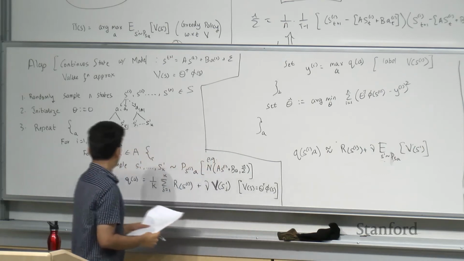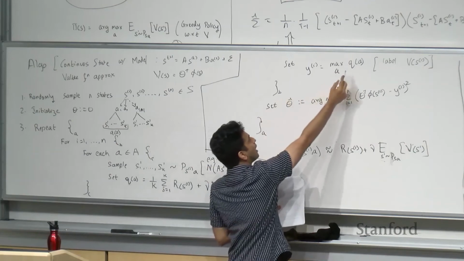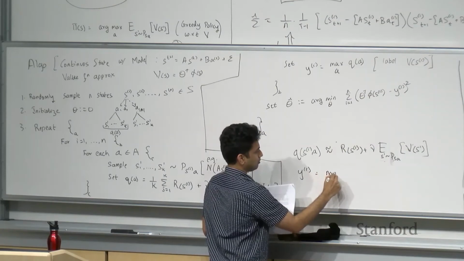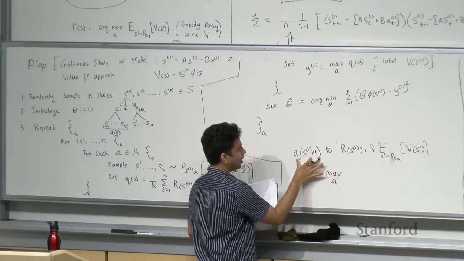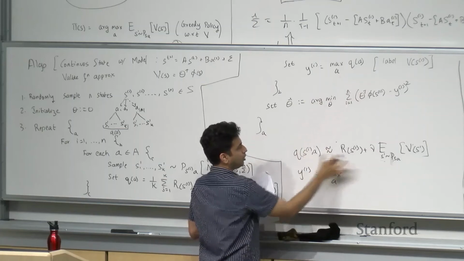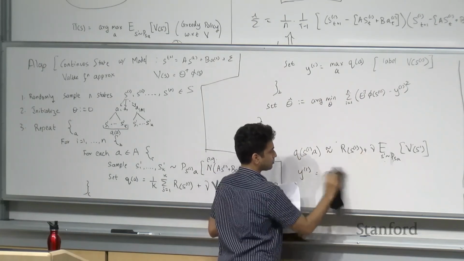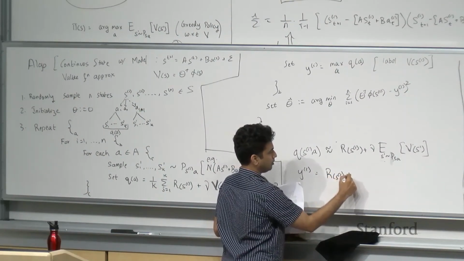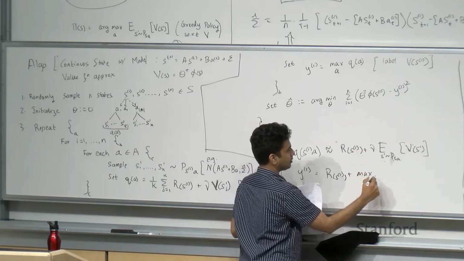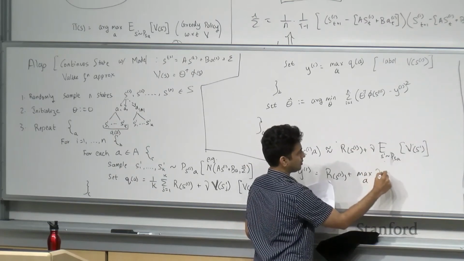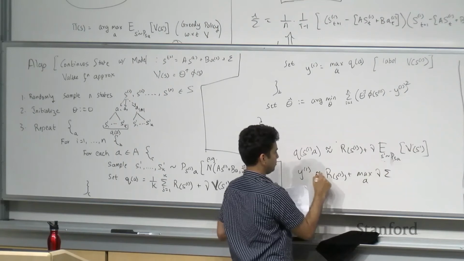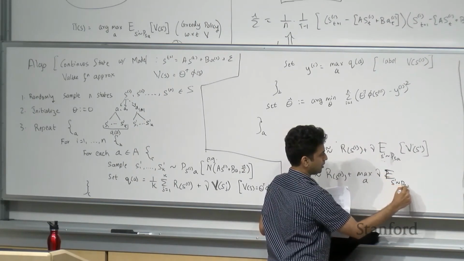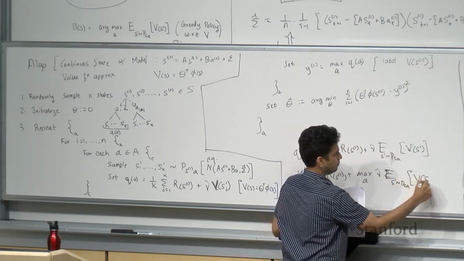So now we define y_i as the max over Q_i. So y_i is now max over A of Q_i of A, and Q_i of A is basically R of S_i plus max over A of gamma times the expectation over S prime from P_SA of V of S prime.